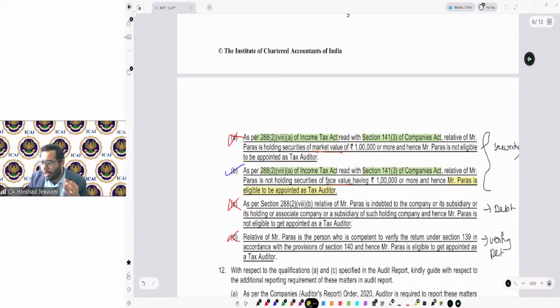For that, a basic understanding is required that 139 is the appointment of auditor, not a person competent to verify the return. The relevant section for a person competent to verify the return is in the Income Tax Act, not under the Companies Act. So by itself, the option is wrong.